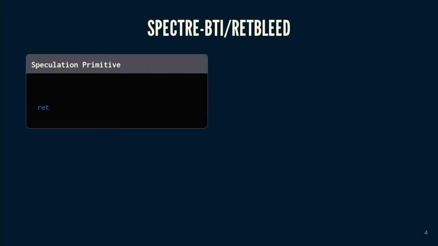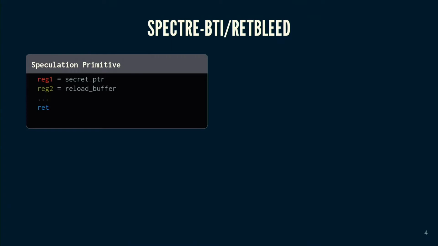In these Spectre attacks, they are usually made of three ingredients. There's a speculation primitive. In our case, there's a return, and this is in the execution domain of the victim. The attacker would choose a return where there is some interesting information available, like some secret pointer, and also usually a shared memory pointer.